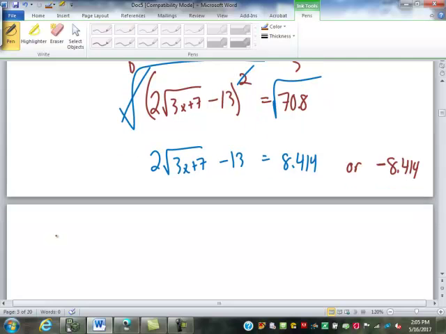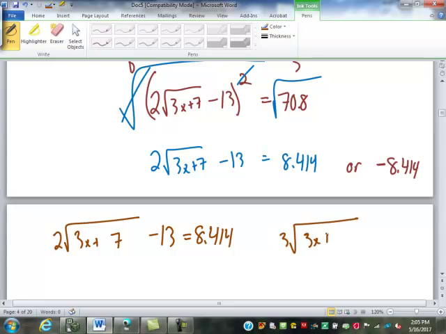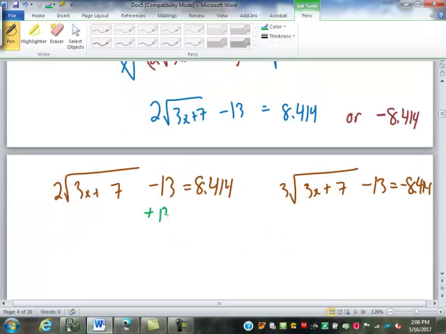So we're going to solve this like that, and then we're going to have to solve it with the negative in there. So there's going to be 2 equations to solve from here on out. I'm going to do this one first over here.